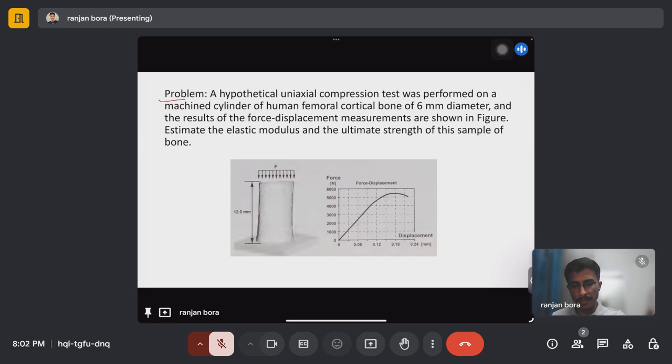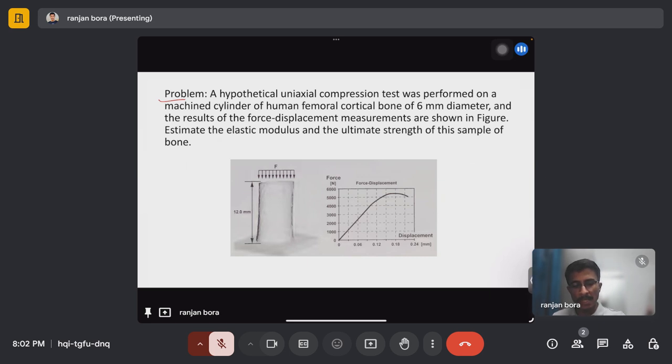So this is the first problem. A hypothetical uniaxial compression test was performed on a machined cylinder of human femoral cortical bone of 6 mm diameter, and the results of the force displacement measurements are shown in the figure.